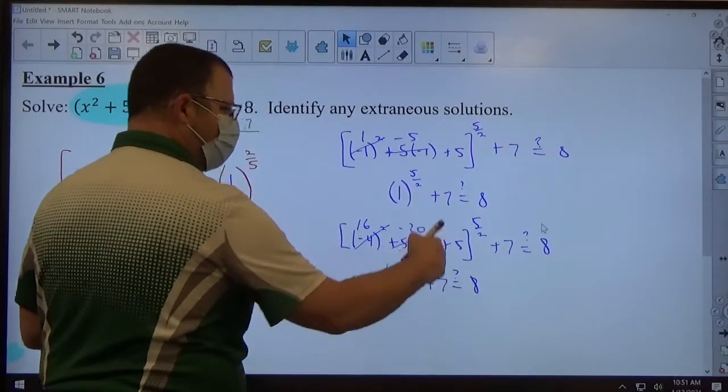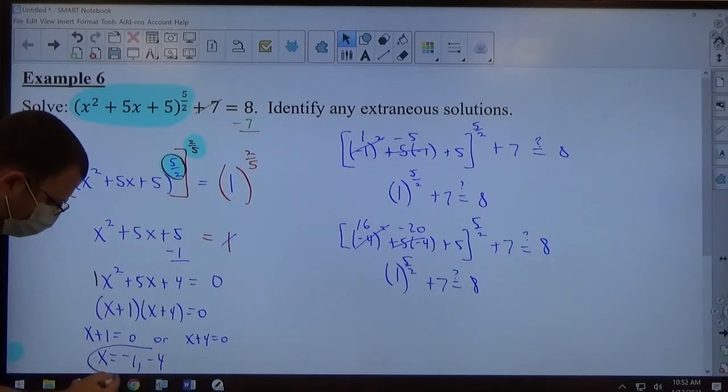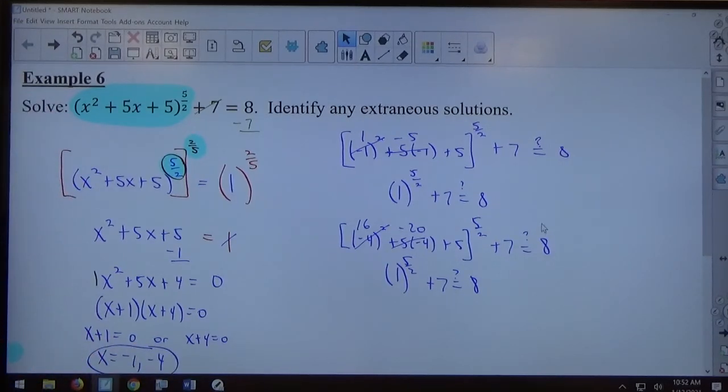That's the exact same thing we have up there, right? So 1 to the 5/2 still equals 1, 1 plus 7 still equals 8, so everything there is valid. So both answers work completely, so there's no extraneous roots in this problem. Both answers are correct.